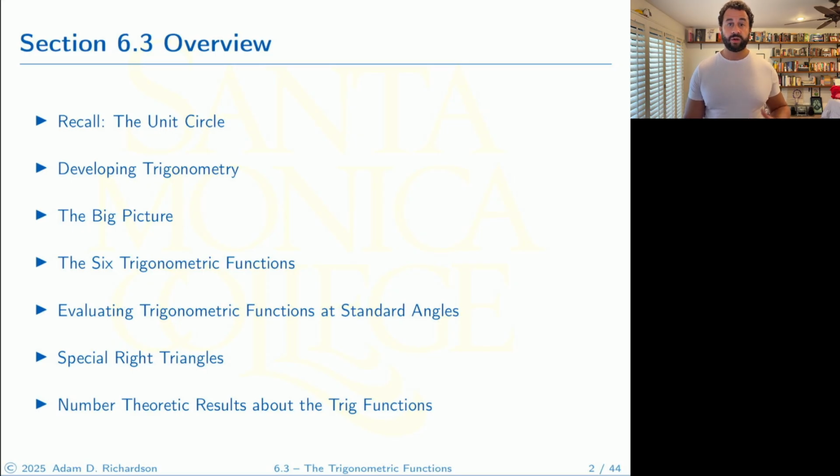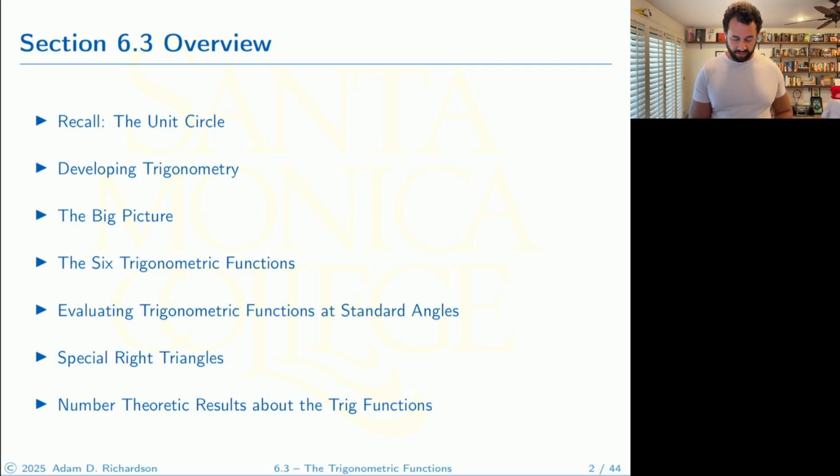Hopefully by now you are working on memorizing some of those standard angles, the ones you were supposed to memorize. Then I'm going to give you a couple of things to memorize that are going to help you evaluate these functions, and that's going to be the special right triangles. You might have seen these in a previous class already. If you did, great. If not, you're going to get a chance to see them right now.